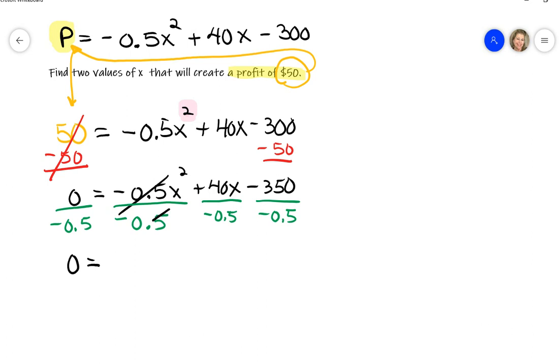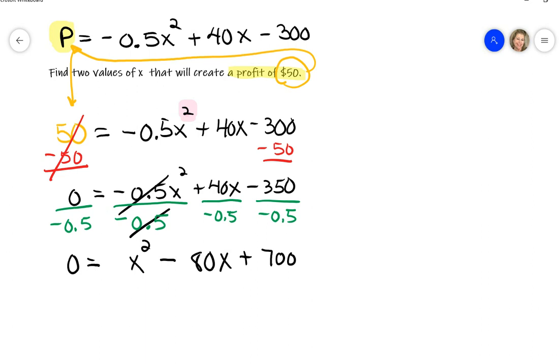Over here, those cancel. I'm left with a positive x squared. A positive 40 divided by a negative 0.5 will make it a negative 80x. And a negative divided by a negative makes it a positive. And then 350 divided by 0.5 is 700.